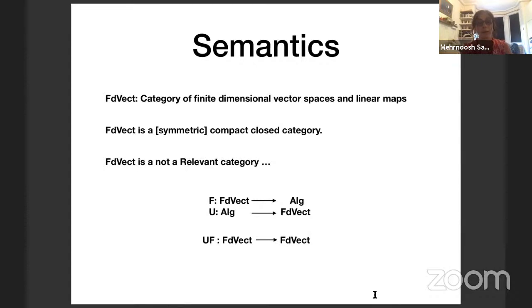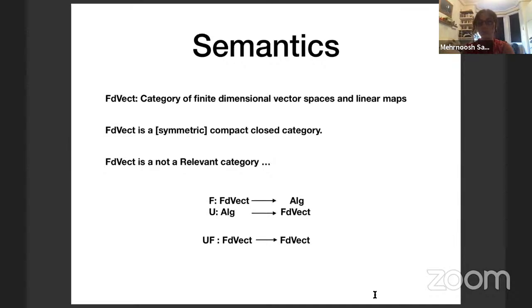The problem here is that FdVect is a symmetric compact closed category, so you've got your restricted symmetry morphisms, but it's not a relevant category. You don't have a coalgebra modality on it, unless you think of it in the following way. You have a functor F, a free functor from FdVect over a field, let's say R, to tensor algebras over R. This is a free functor.